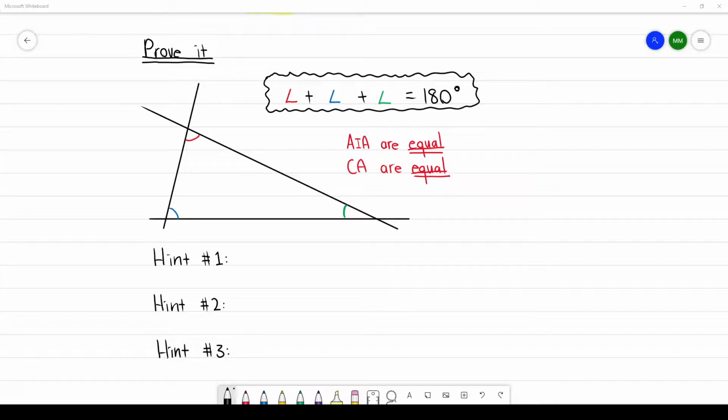So this is a bit different from what I have been asking you to do, to find x, find the value. Here, I don't want you to find any value. I want you to show me, explain to me why this is true. Like the blue, red, and green, they add up to 180. There is no doubt about that.